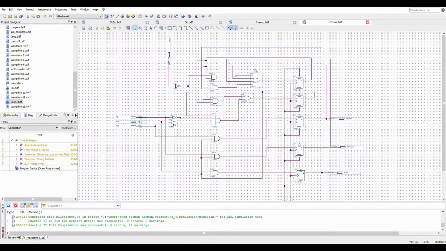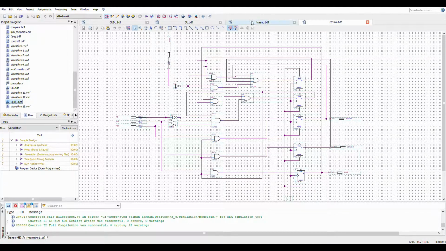This is our controller, which controls based on the input from the data path and sends loading signals, which the data path uses to give the expected output.